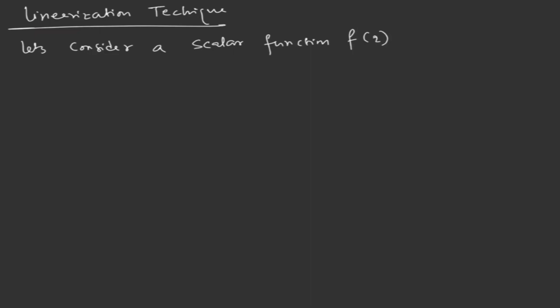So the function behaves something like this. This is my f(z) function, and z is the independent variable. Let's assume the function looks something like this. Now, there is an equilibrium point or some reference point somewhere here.